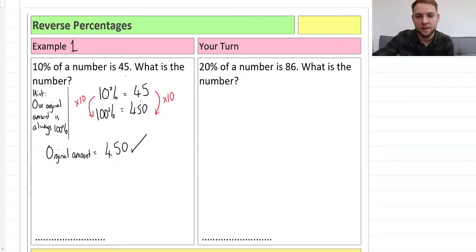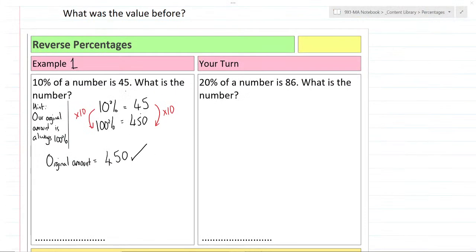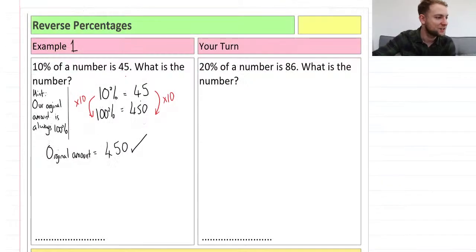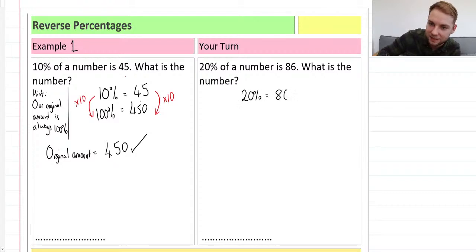Have a little go at that one on the right hand side there. So for this one here, we know that our starting point is to say that 20% is equal to 86.